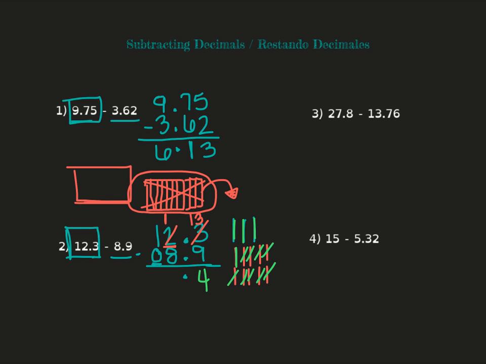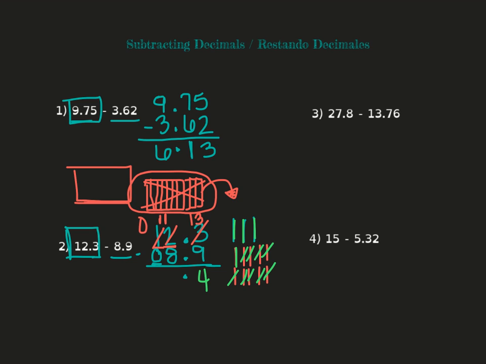So I'm going to go ahead now and regroup again, and I'm going to take from my tens place. So if I have a 10, right, 110, that means that I have a total of 10 tens. That's what I would have. So I would go ahead and change this one to a 0, and I have my 2.